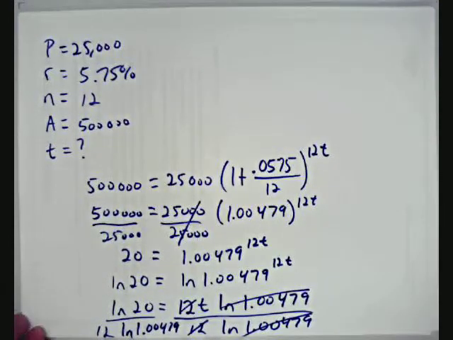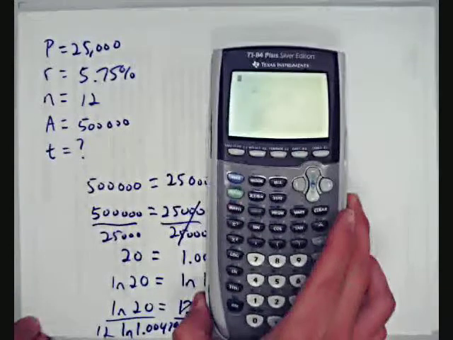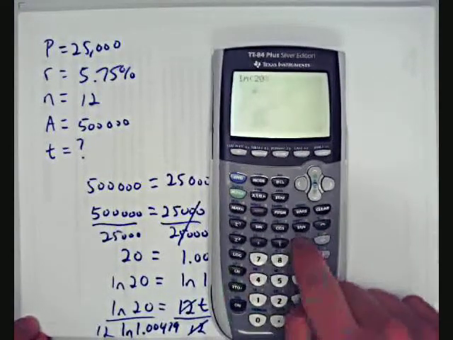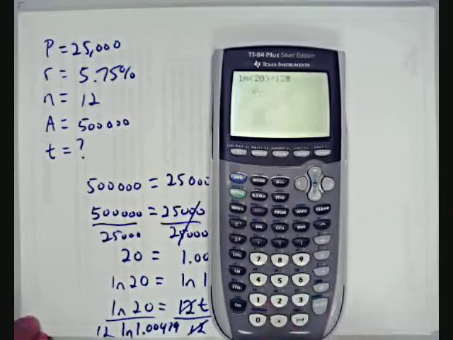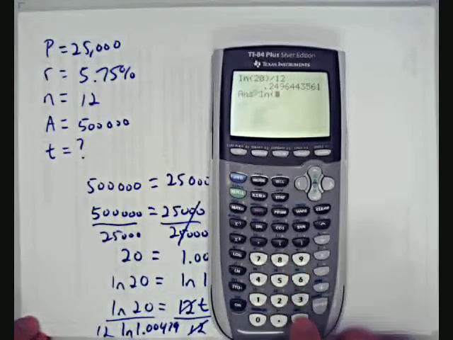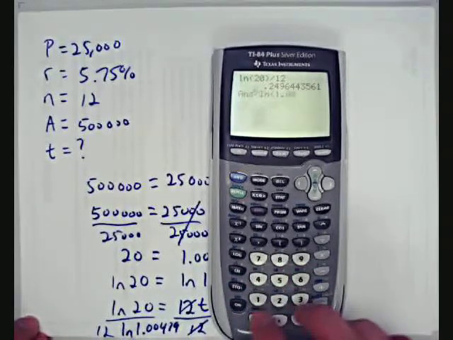Okay, and now t is alone, and we'll need to divide the natural log of 20 by 12 and the natural log of 1.00479. On your calculator, how I would do this is in 2 steps. So natural log of 20 divided by 12, enter, and then divided by the natural log of 1.00479.